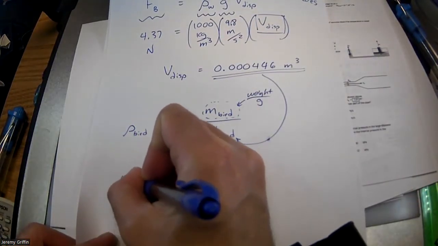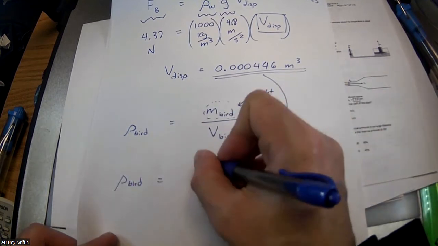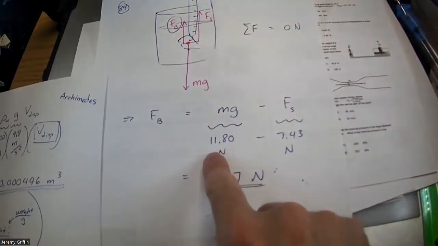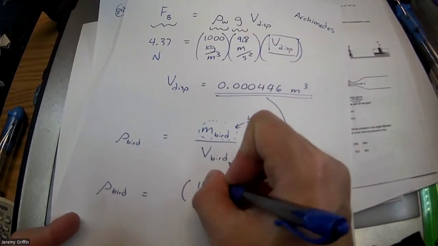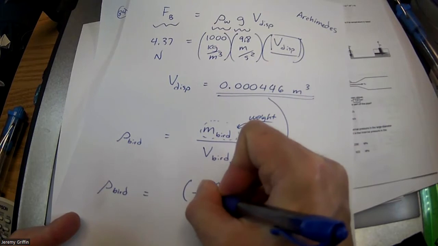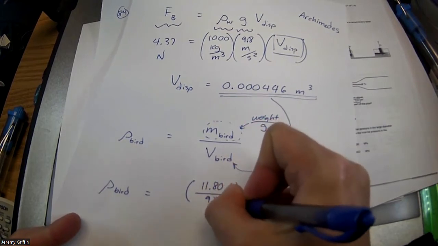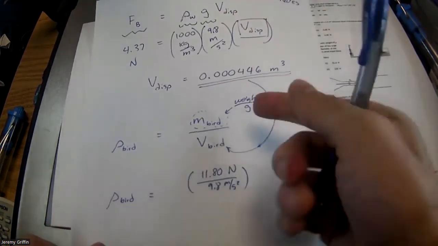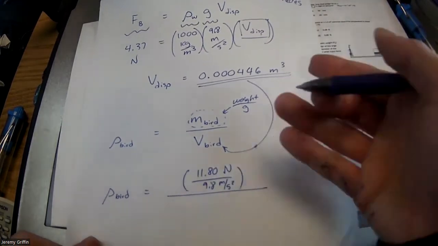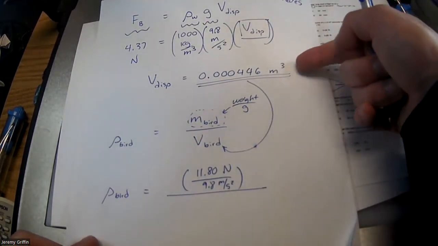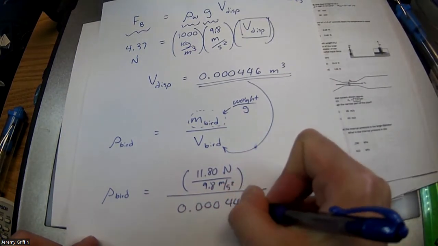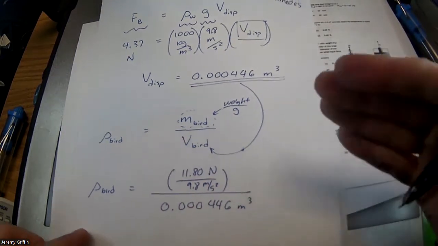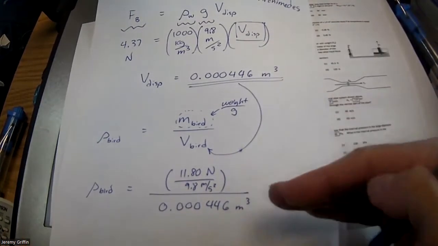Okay, let's put it all together. Density of the bird is equal to the weight of my bird, which was 11.8 newtons, the higher force rating, divided by 9.8 meters per second squared. That represents the mass of the bird. Then divide that by the volume of the bird, which is this number right here. That's going to give me kilograms per cubic meter.